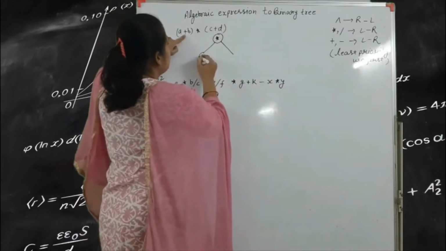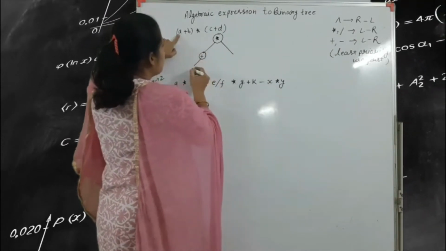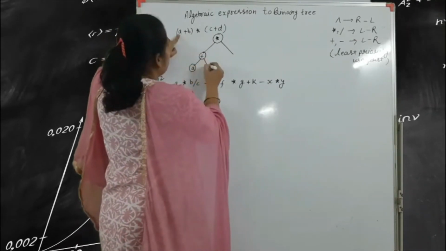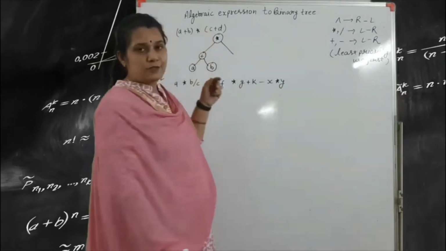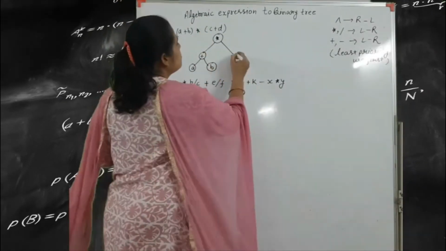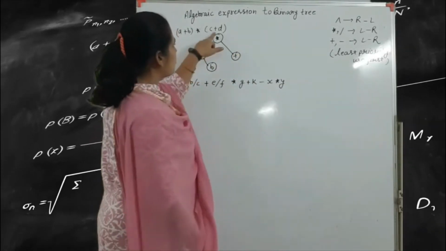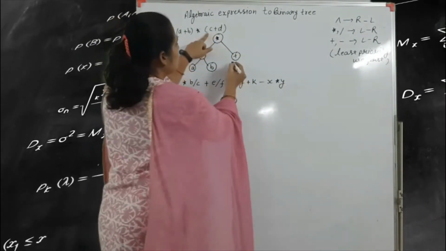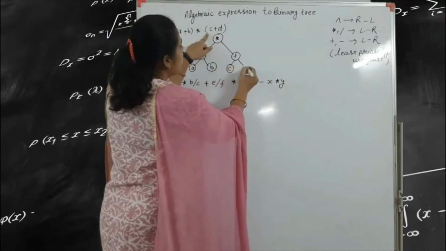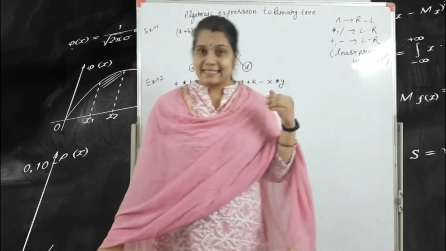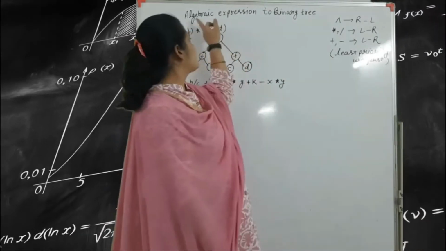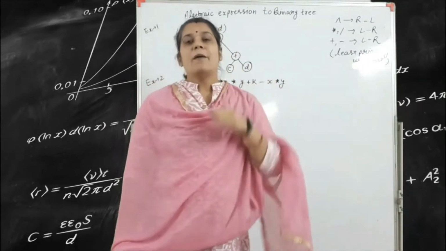So you write here the plus sign, and on the left hand side you write here A and this is your B. Got it? Next one is also in the bracket sign. So here we draw the operator plus, and after that C is on the left hand side and D is on the right hand side. Okay. So this is a very easy example for algebraic expression to binary tree.